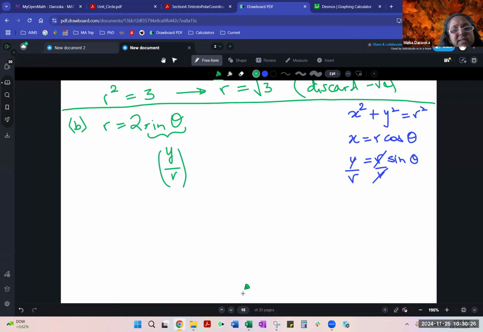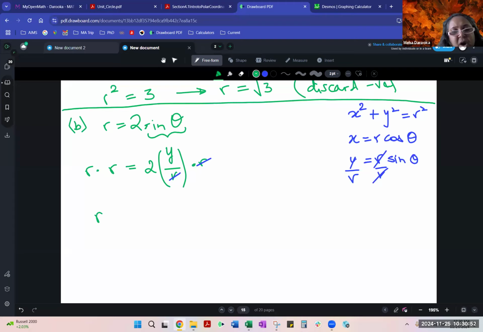And then, of course, we still have that 2 in the front equal to r. And then, of course, since we have a fraction, remember they also talked about getting rid of any fractions that you can. So that means we would then go ahead and multiply both sides by r. There you go. So that means the r and r would cancel out here.